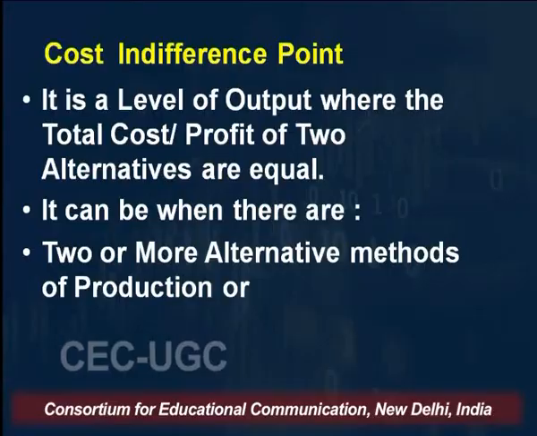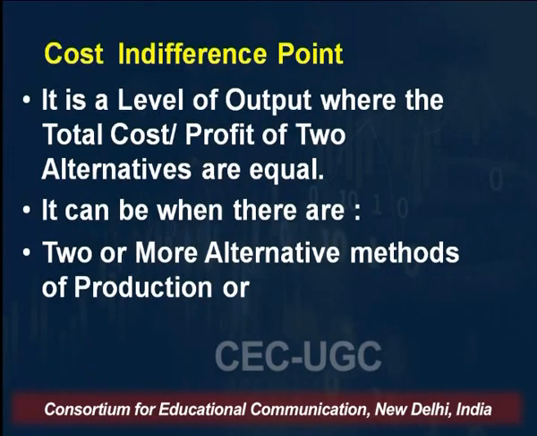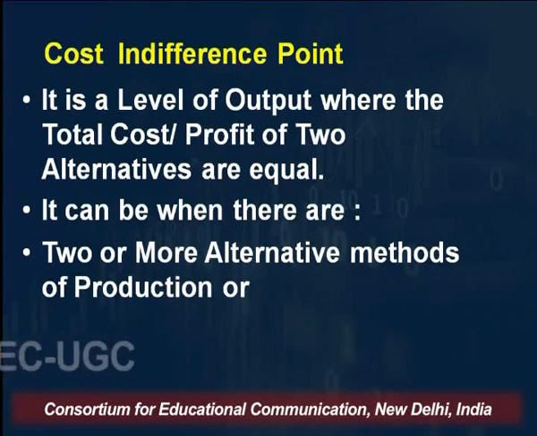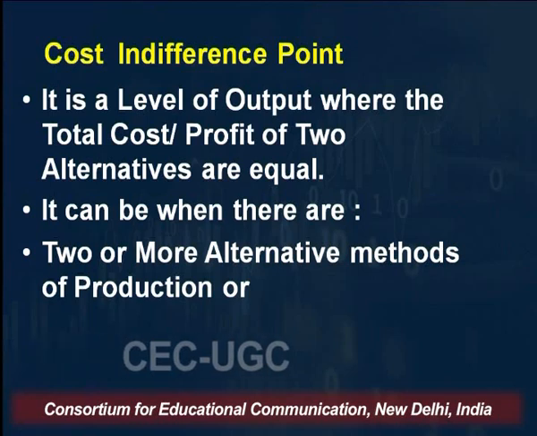Now there can be two possible situations where we compute cost indifference point. One is from the perspective of two or more alternative methods of production. When I say two or more alternative methods of production, I mean that the method of production is going to differ in both situations. One can be mechanical, another can be manual, one can be technical, another manual, or it can be different depending upon the type of product in which we are going to start our production process.